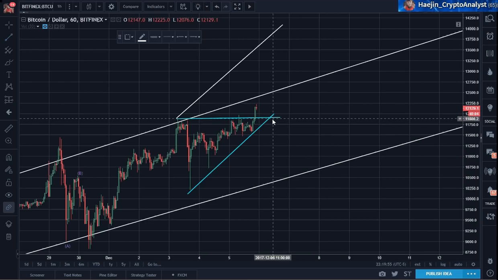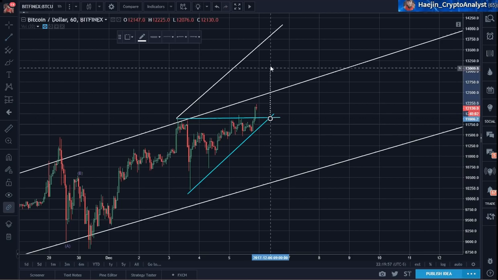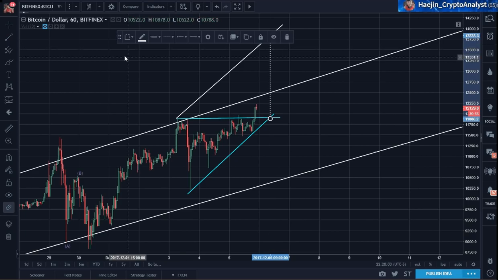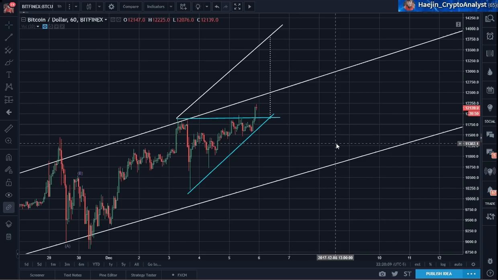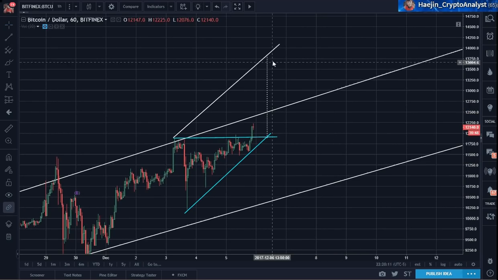From the apex, I draw a vertical line until it meets where the parallel line is. The price I see here is 13,810.